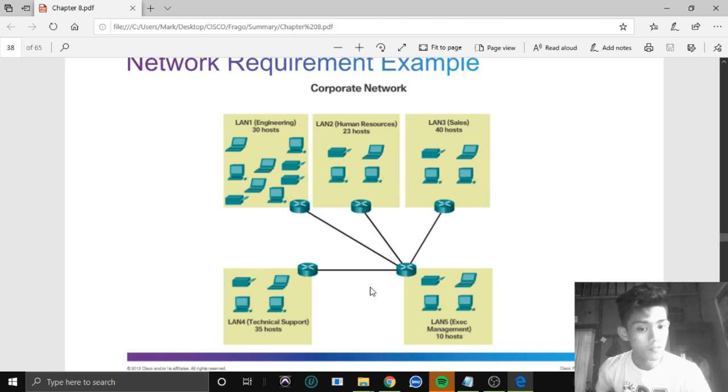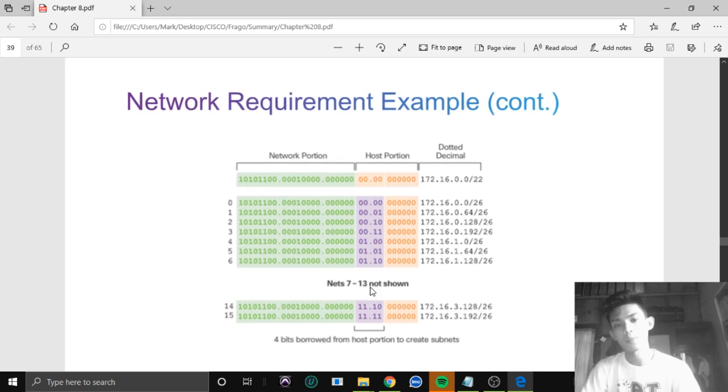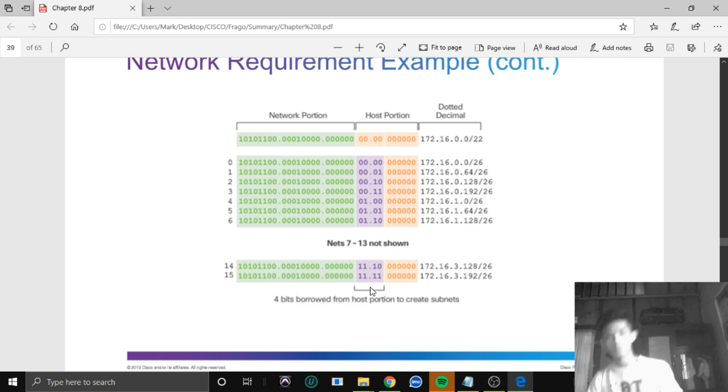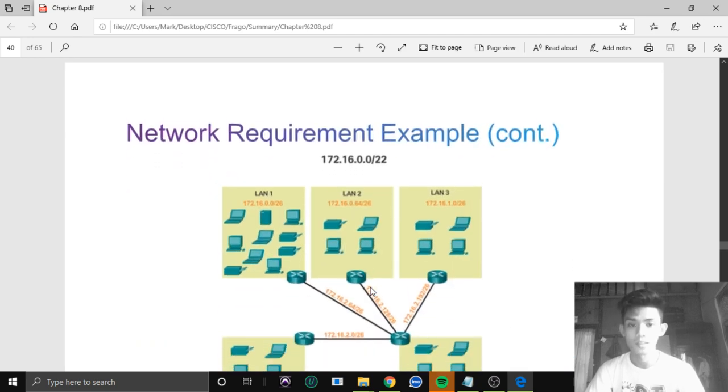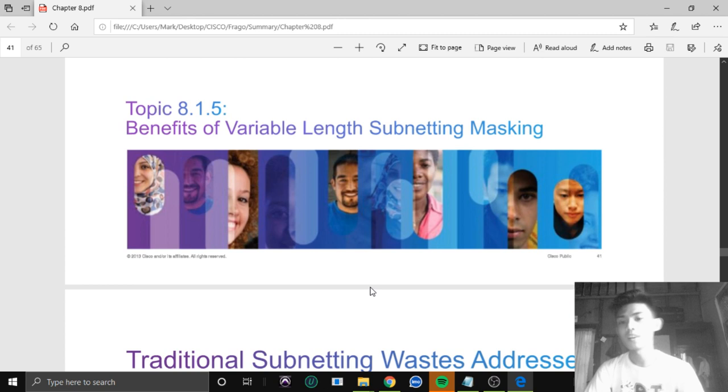And LAN 5 is for executive management, 10 hosts. So in this example, we have 4 bits borrowed from the host portion to create subnets.